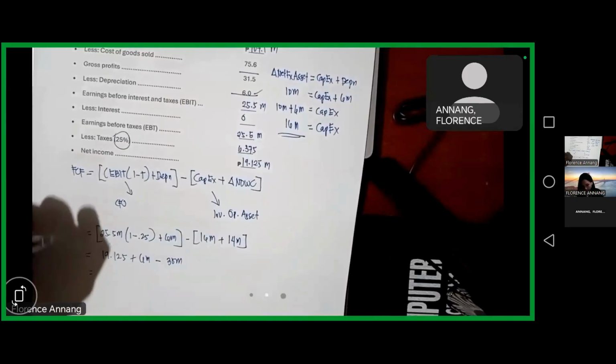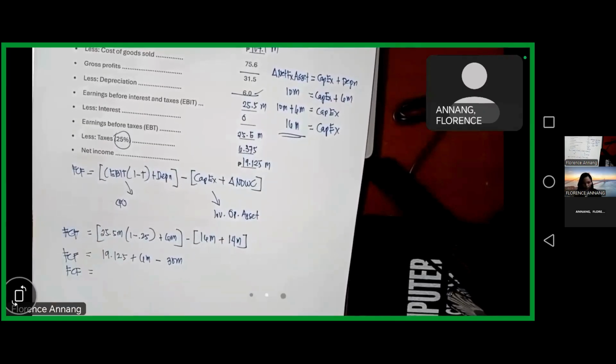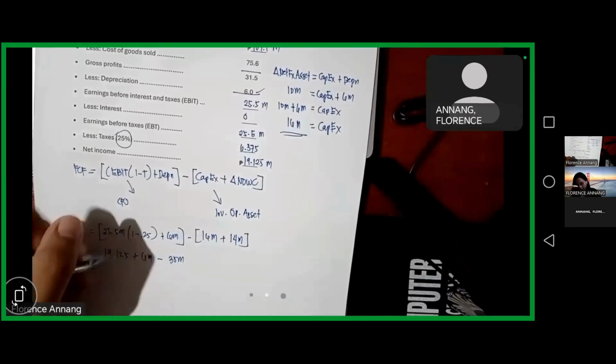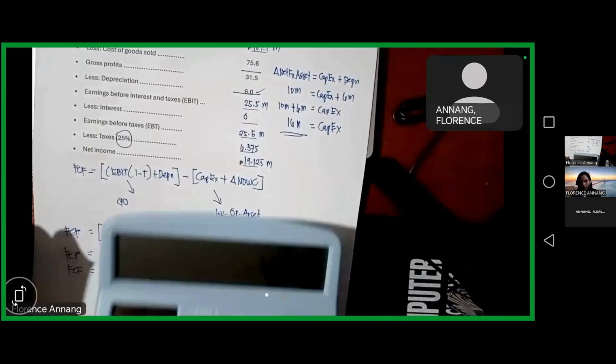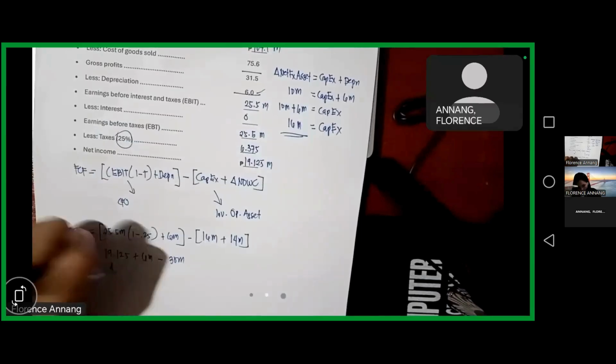So how much is your FCF or free cash flows? That is 19.125 plus 6 million less 30 million. You have a negative free cash flow of 4.875.